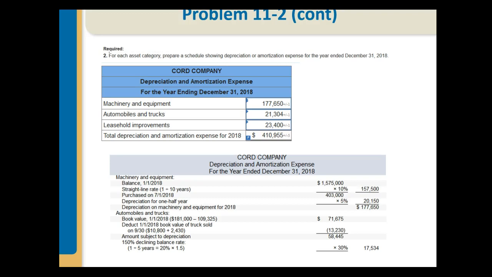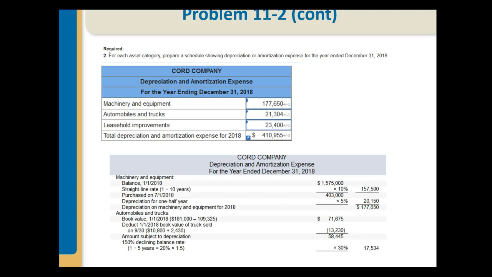The machinery depreciation is going to consist of the balance at the beginning of the year times 10%, straight line over 10 years, which would be $157,500.